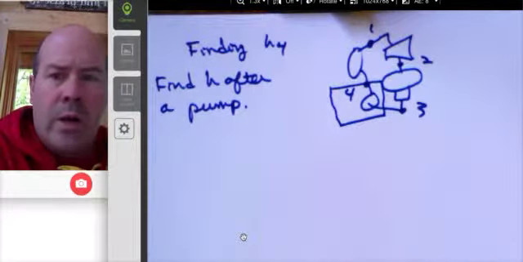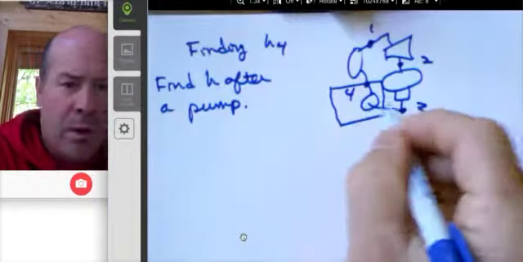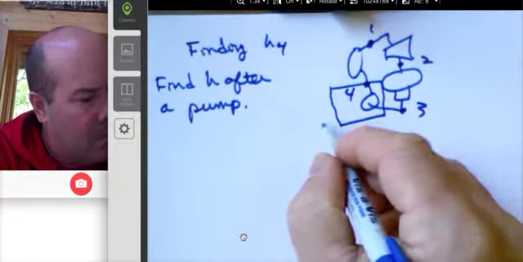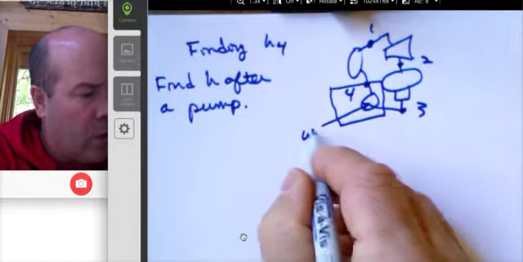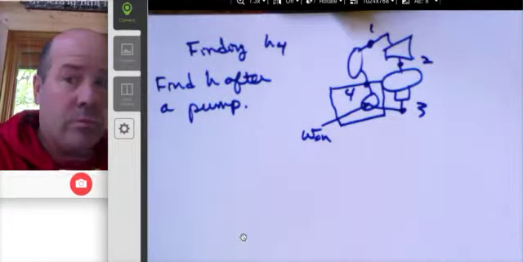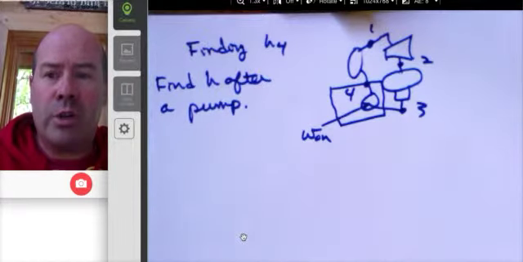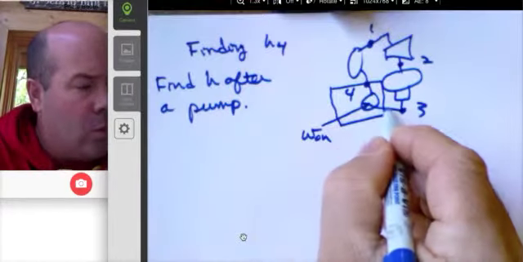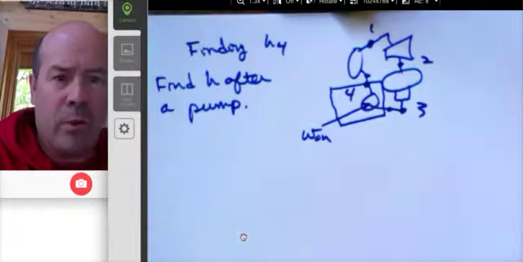I'm going to run a first law analysis on the pump. I'll let the pump be the system. And I'm going to show that the work on the system is transfer of energy in from some external source, usually a motor. What comes into the system is point 3, and what leaves the system is point 4.